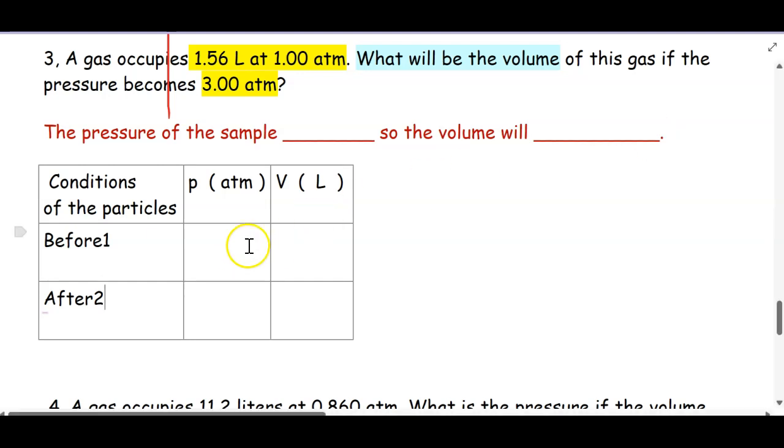Now fill in the blanks. Now you know the equation is always the same thing, right? P1 times V1 equals P2 times V2. Write that down.